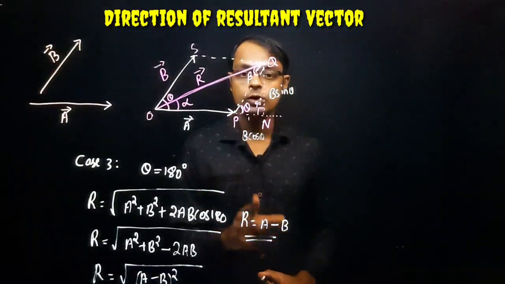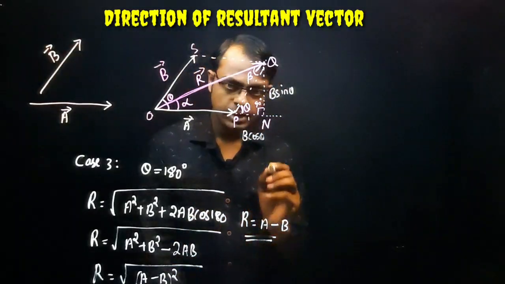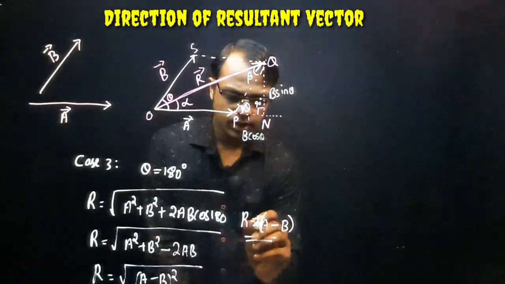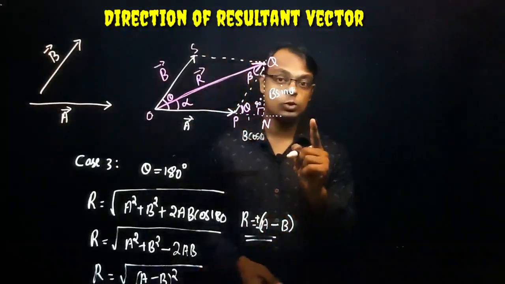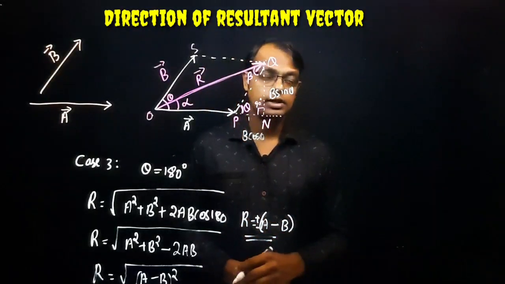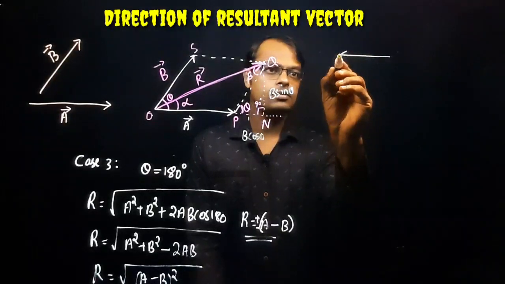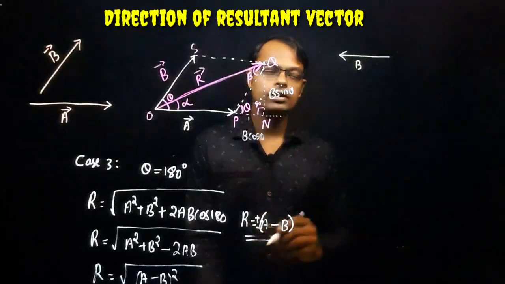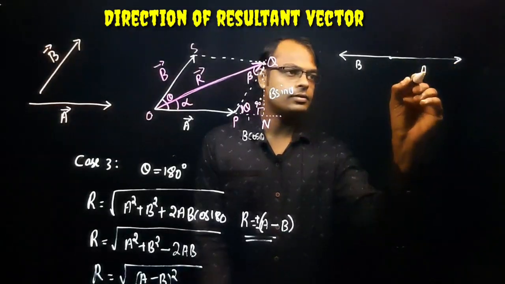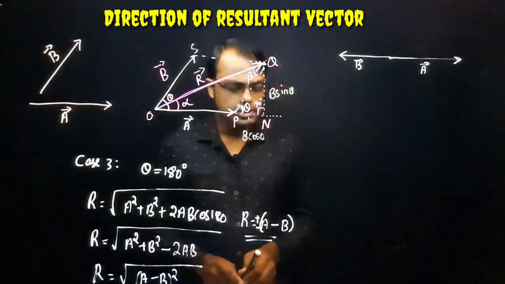So R is equal to plus or minus A minus B. Why have I written plus or minus? Just as an example, imagine this is the B vector and this is the A vector. Which one is more?